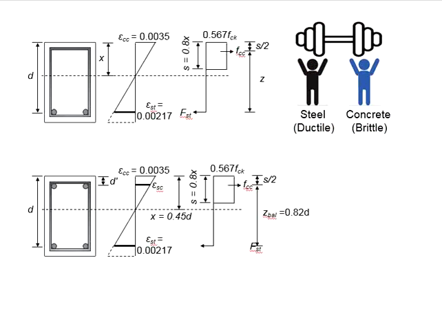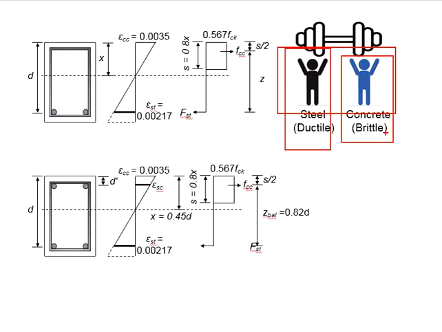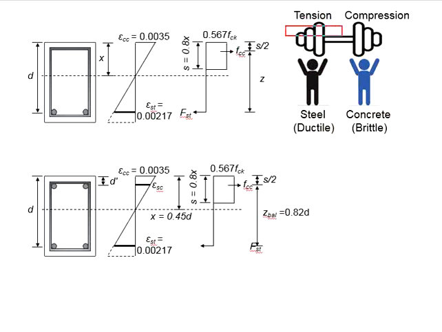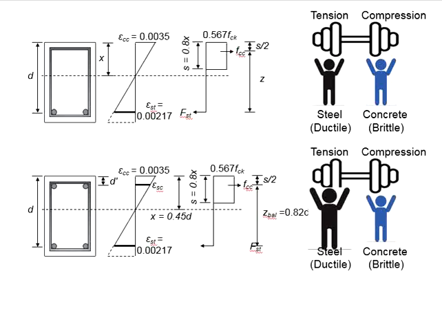You know the singly reinforced member, you have two persons, steel on one side, concrete on the other side. And the weight here comprises two parts, the tension and the compression. In a typical singly reinforced member, the tension is fully taken by the steel, while the compression is fully taken by the concrete. Now, what if the steel is over reinforced?